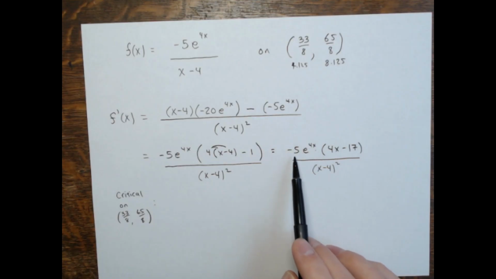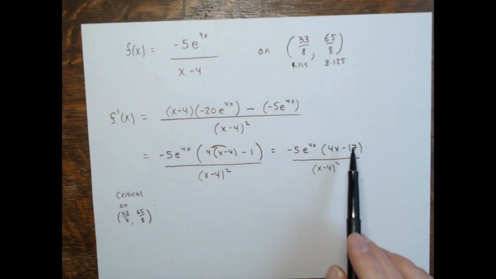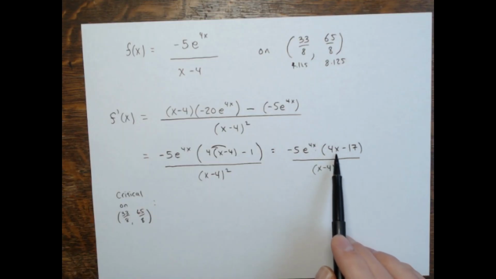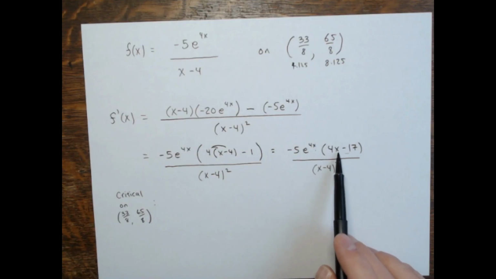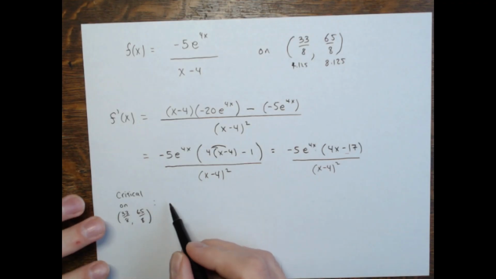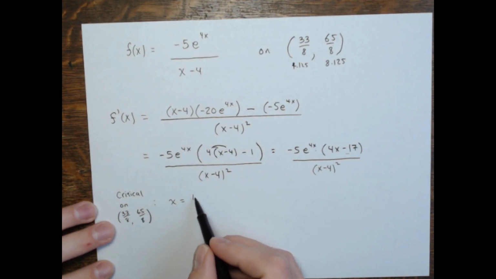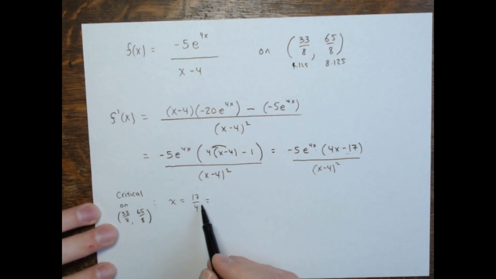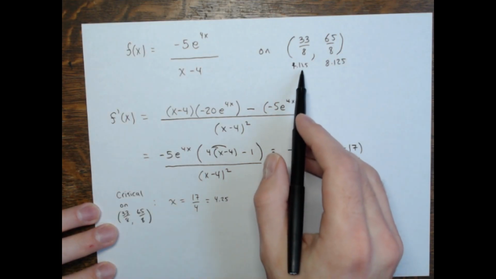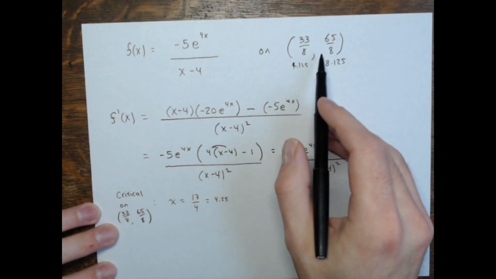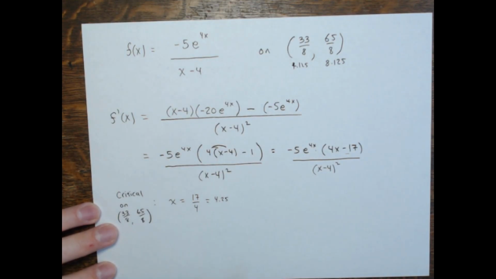So this -5 times e to the 4x is always negative. So what makes this 0 would be the 4x minus 17. And 4x minus 17 will be 0 when x is positive 17/4. Now 17/4 is 4 1/4, or 4.25, which is bigger than 4.125. So this 17/4 is in this interval.